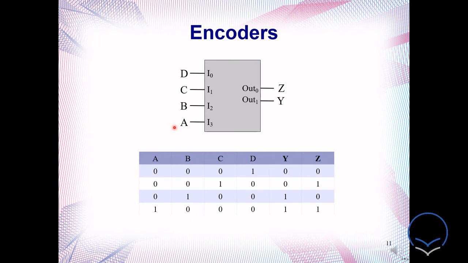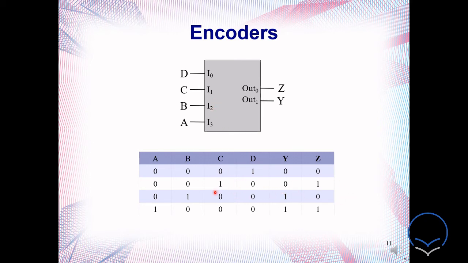Before explaining that, we need to know the truth table. It is the same as the previous one. We have 4 inputs and 2 outputs, right? So A, B, C, D are the 4 inputs, and the 2 outputs are Y and Z. If you have 0, 0, it is selecting I0, or D. If 0, 1, it's selecting I1.